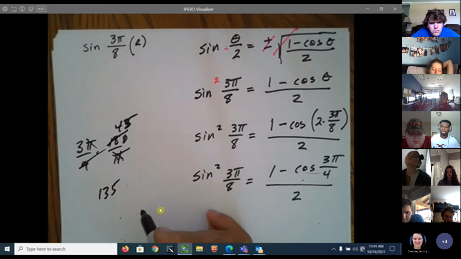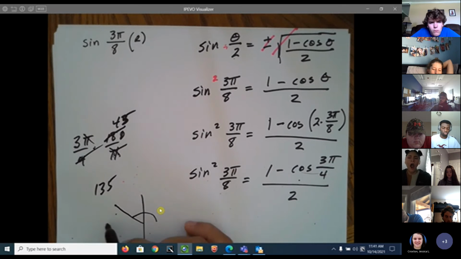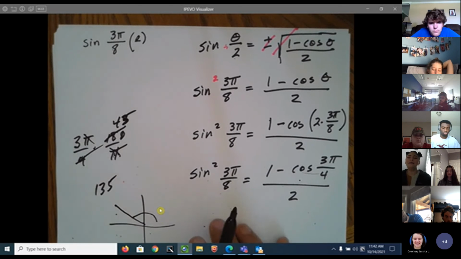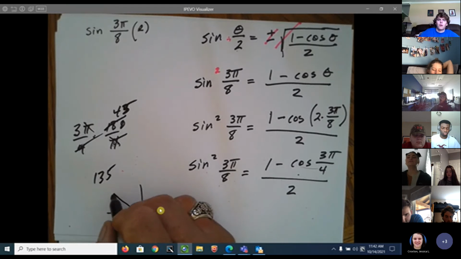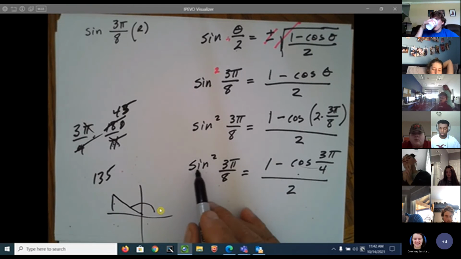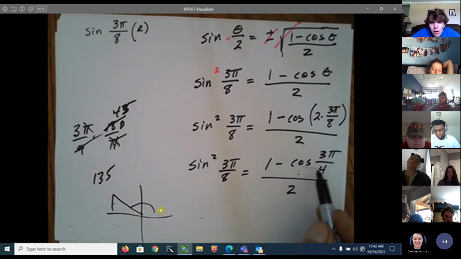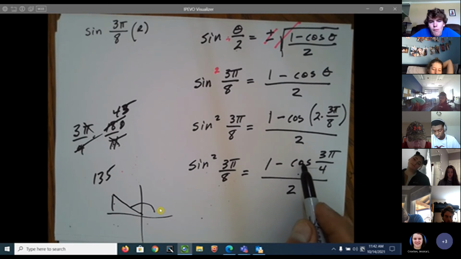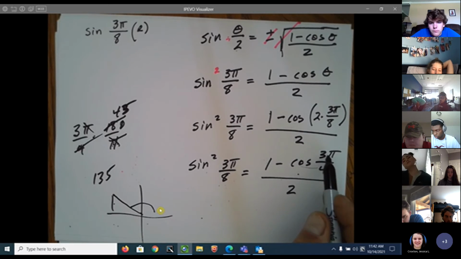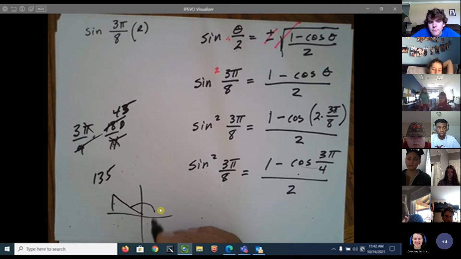So that means it's a 45-degree reference angle, but it's in the second quadrant. So that means all students take calculus. This is the sine, so we know it's going to be positive or negative.